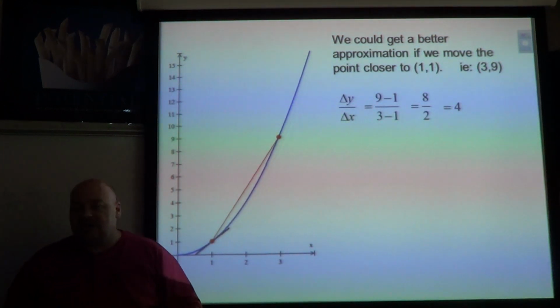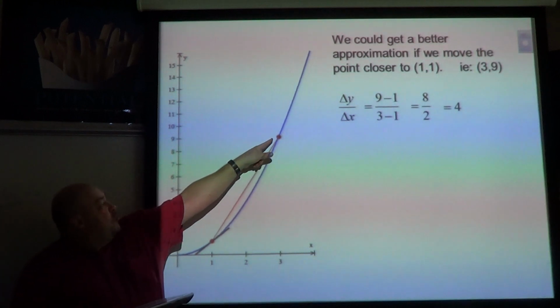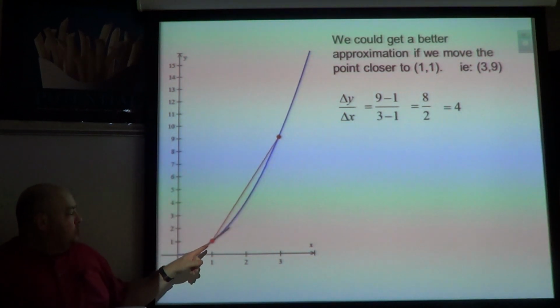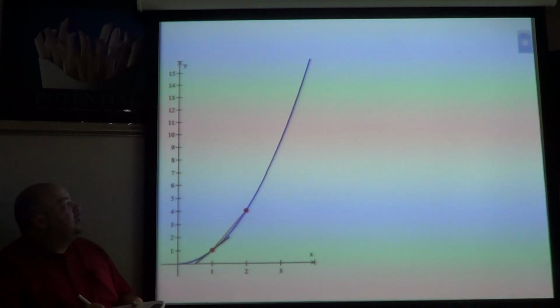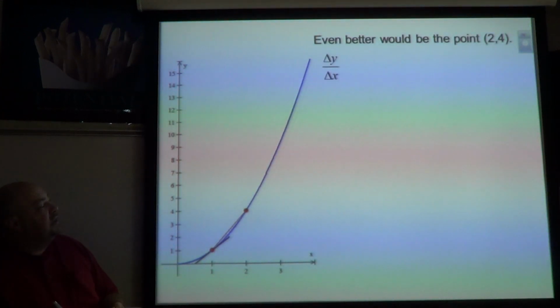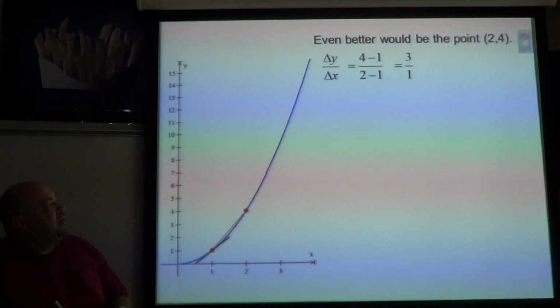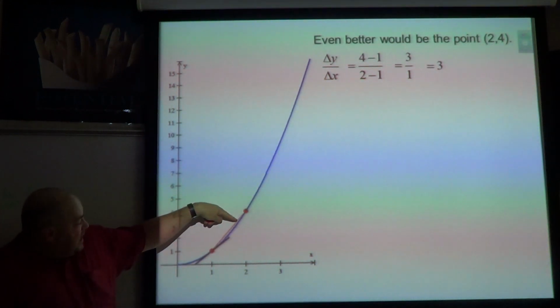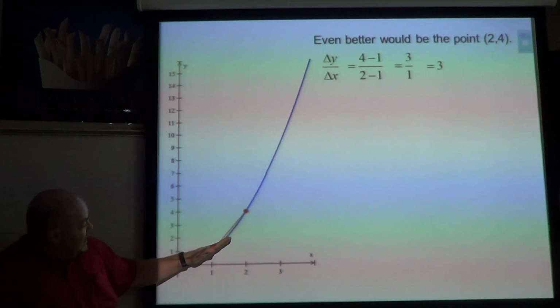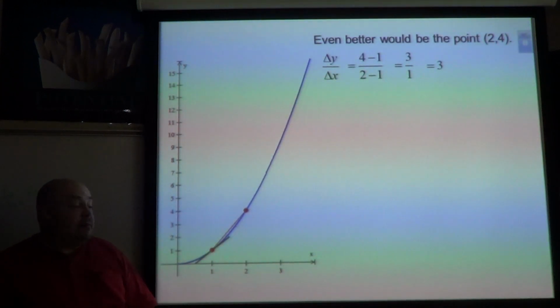Well, the same thing is going to be true as we let this point right here get closer and closer and closer to this. So we could go to 2, 4 and calculate it, and we get a slope of 3. So notice here, we're getting even closer to that slope of that black line segment, the tangent line.